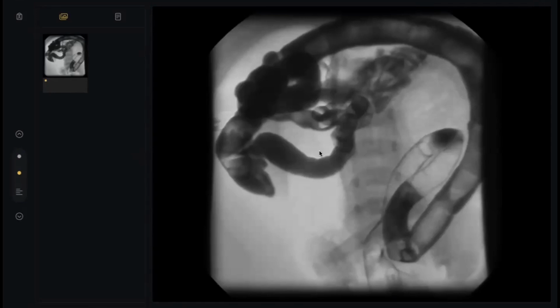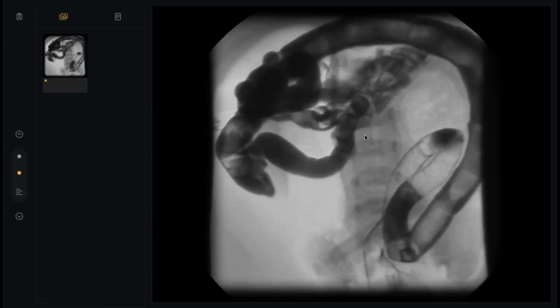So this is the lower GI contrast study. It shows opacification of the rectum, sigmoid, and the colon, as well as the distal ileum. I couldn't identify filling defect to suggest meconium ileus or microcolon.